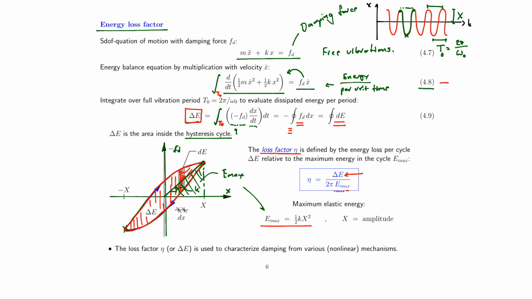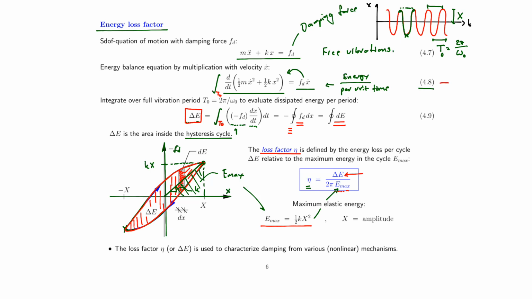And that simply means that this value here is K times capital X from the stiffness. So any stiffness contribution to our function H, or the damping force Fd, will be represented by an inclination of our hysteresis loop. And this generates the corresponding maximum elastic energy that we will use to normalize our dissipated energy to give us the so-called loss factor.